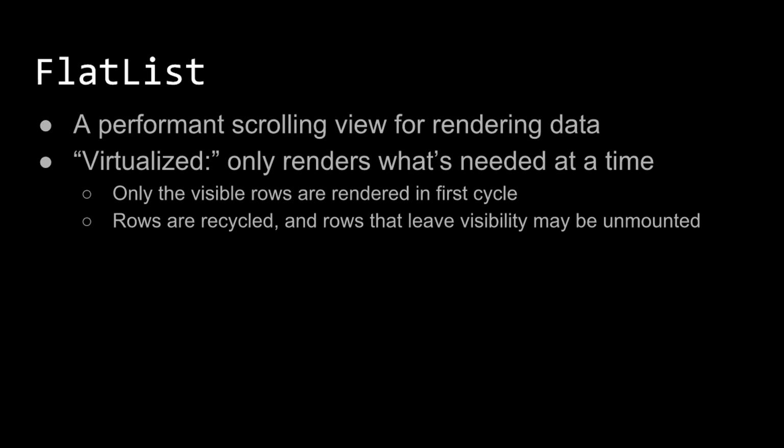It might be used again in some lower cell, which means that any rows that leave visibility might be unmounted. So if you're maintaining component state in each of those, you have to figure out some sort of way to maintain that outside of the component itself. In a future lecture, we'll talk about some data handling libraries that allow you to do that. But for now, just avoid using any component state in these rows.